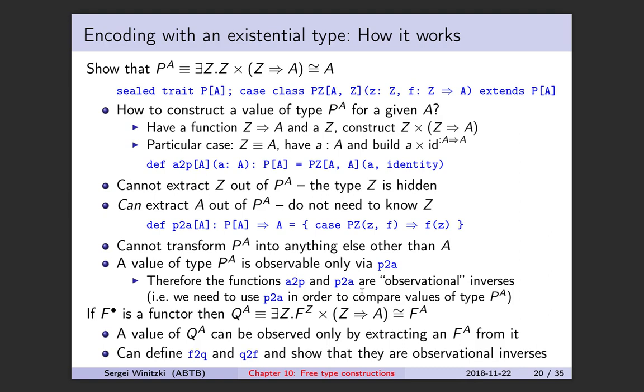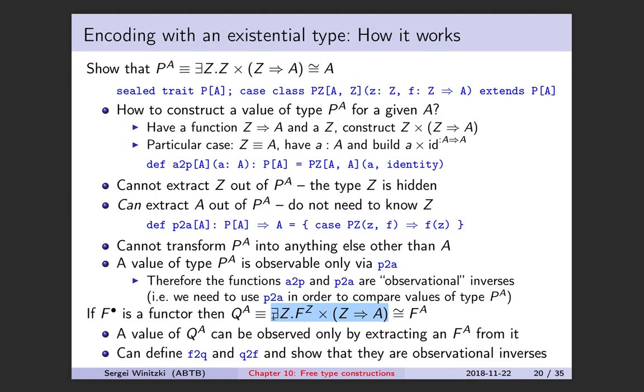And very similarly we can show that these two are observational inverses. Now they are not directly inverses in a sense because you cannot directly compare values of this type because it contains some unknown type Z inside, and what if this type is different? However, this type Z is not observable even if it's different.